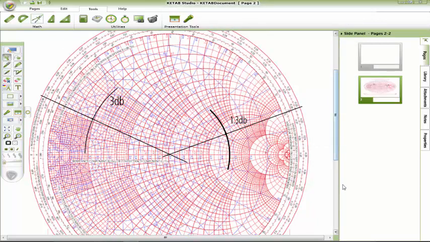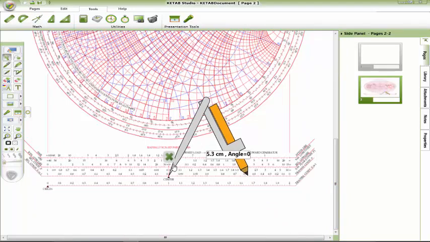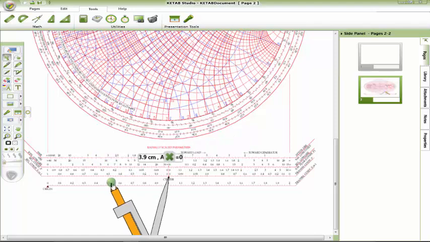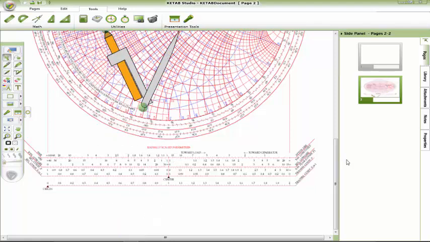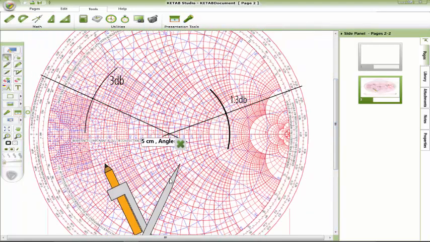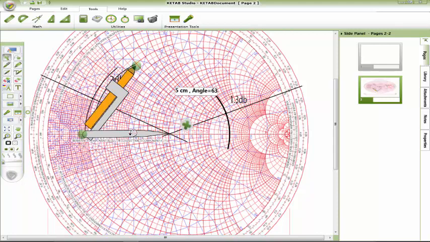We have the compass here, put it on this scale, make it 0.62 and go up and make the bow.